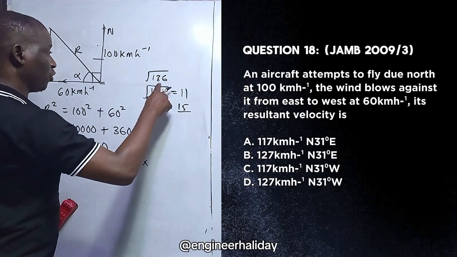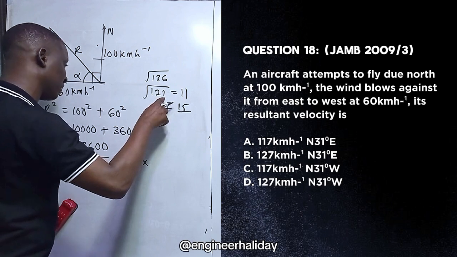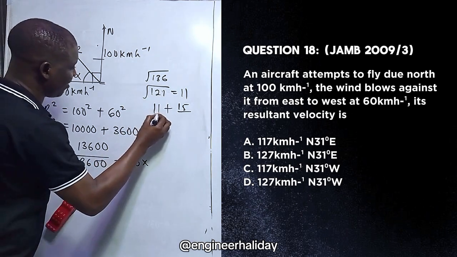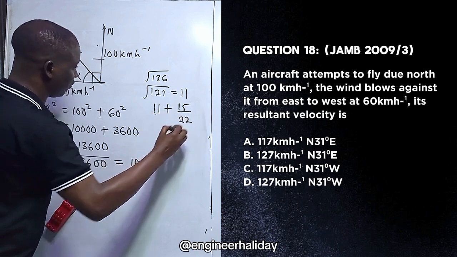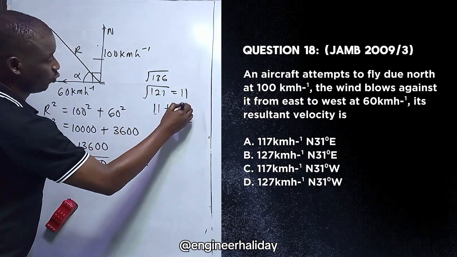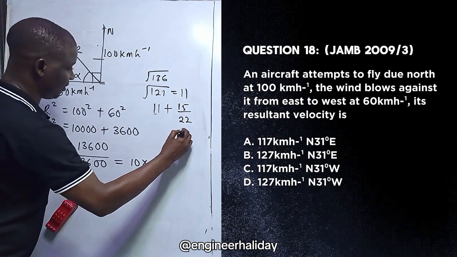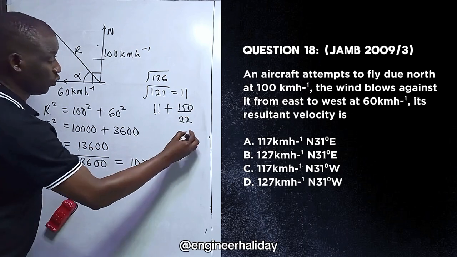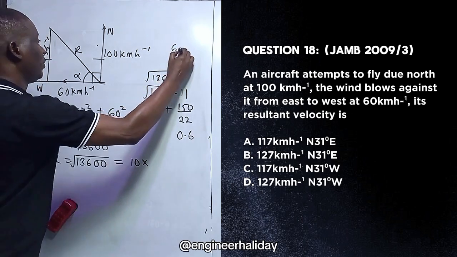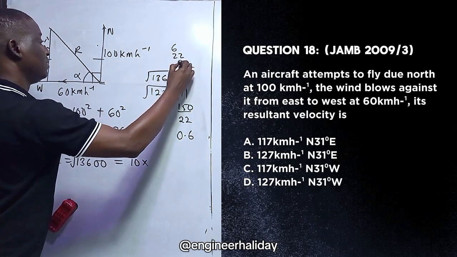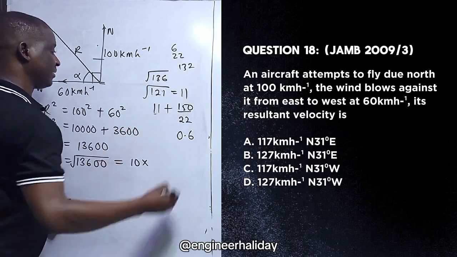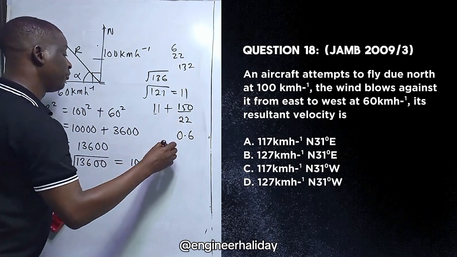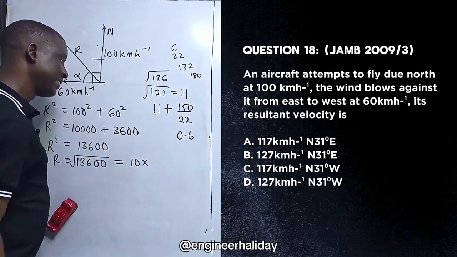Then 11 multiplied by 2 is 22. How many 22 can go in 15? 0, because 22 is bigger, so we add 0. Then how many 22 can go in 150? 6. 6 times 22 is 132. 132 removed from 150 is 18.